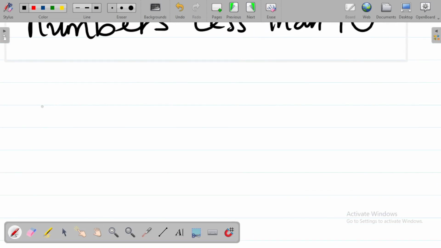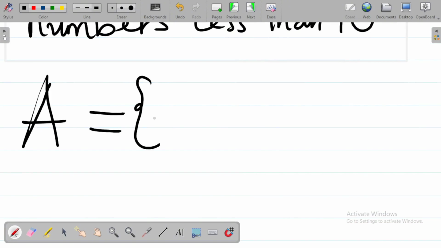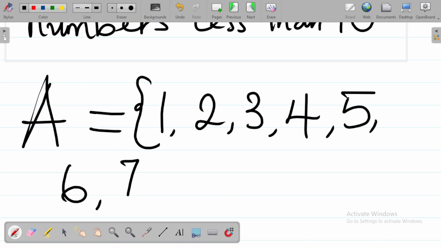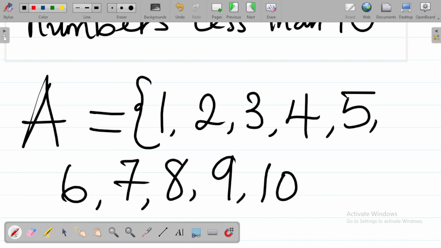So let's represent this. A is equal to, you open your bracket, natural numbers less than 10. They are 1, 2, 3, 4, 5, 6, 7, 8, 9, and 10. So these are the natural numbers less than 10. Therefore, A is a finite set because the numbers are limited.